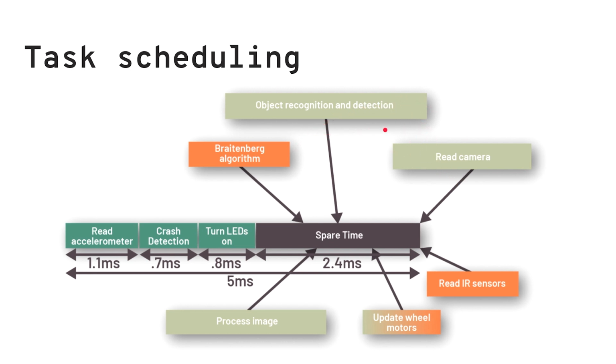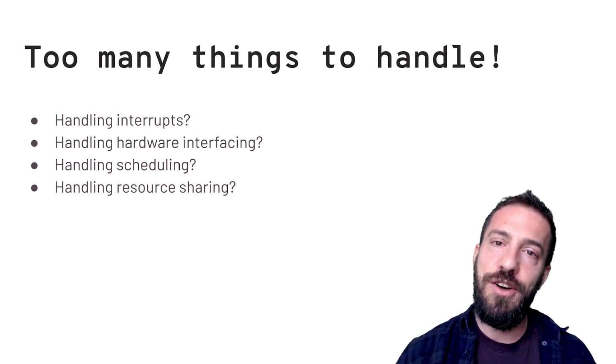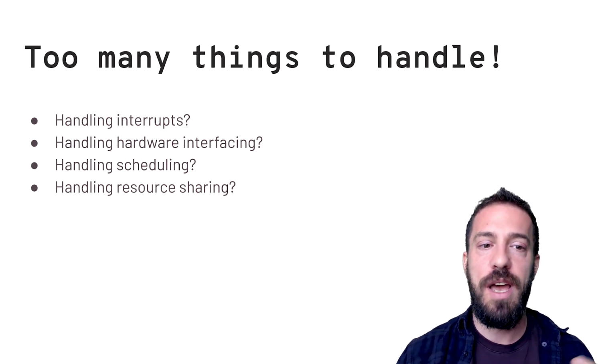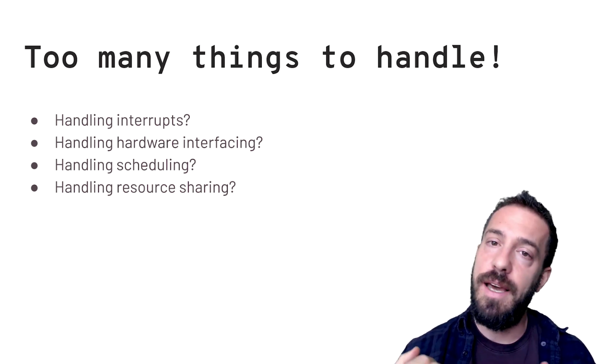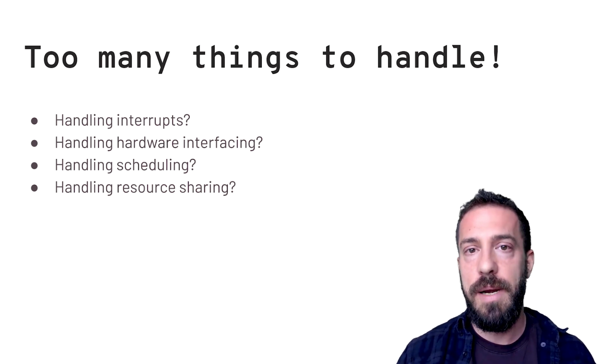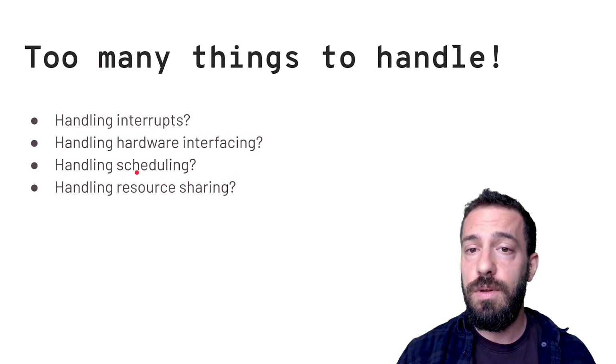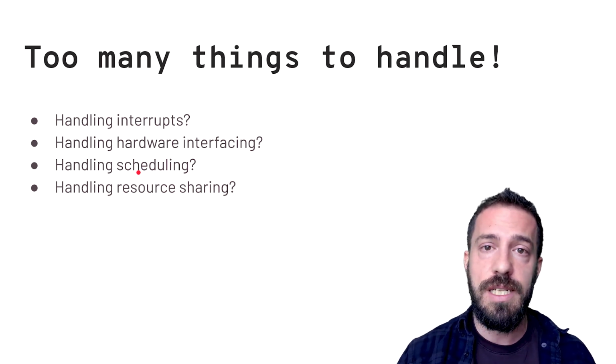So now, again, this is becoming more and more complicated for the programmer to be able to do properly. Up till now, we have collected so many things that we need to do. We have to handle interrupts, the hardware interrupts that allow us to have hardware interfacing and periodicity in our sampling. There's scheduling that we need to handle and ensure that scheduling is appropriate.